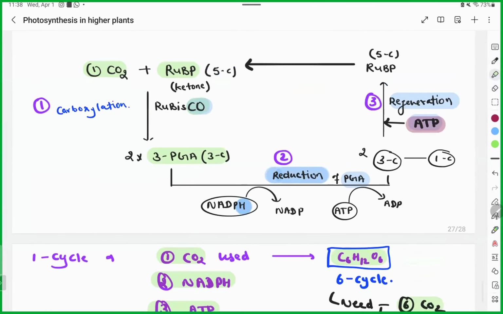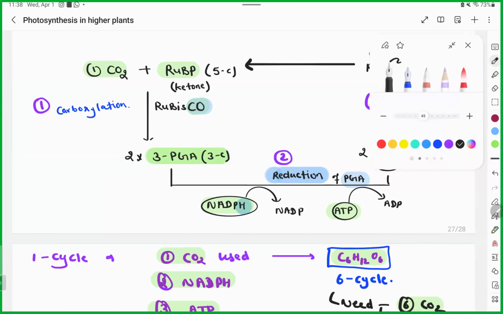What happened in the Calvin cycle? Three steps. Carboxylation, where CO2 is added. Reduction, where PGA will undergo reduction by addition of NADPH and ATP. And last, again RUBP is regenerated by the investment of ATP. If you see, what is the CO2 acceptor?